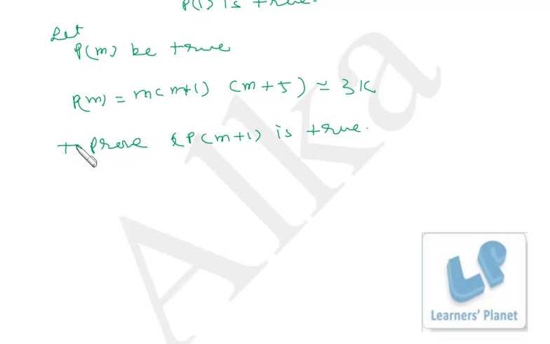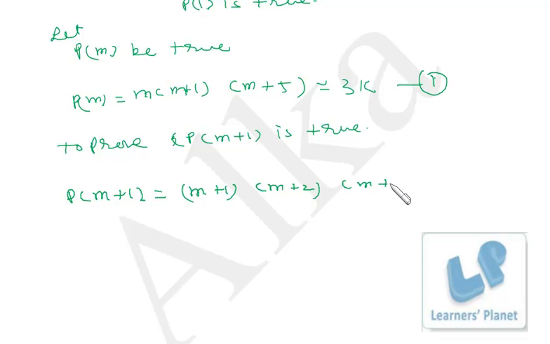Okay, now what is Pm plus 1? That's m plus 2, m plus 3, then m plus 6. Now what we can do is find out, see here we are having m plus 1, and here we are having m plus 1.